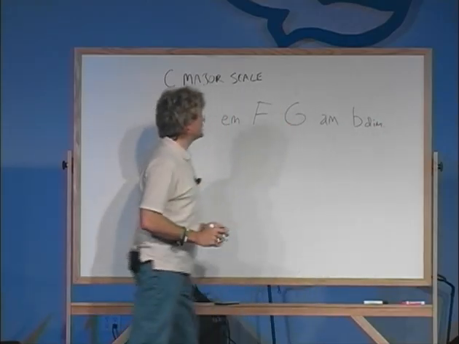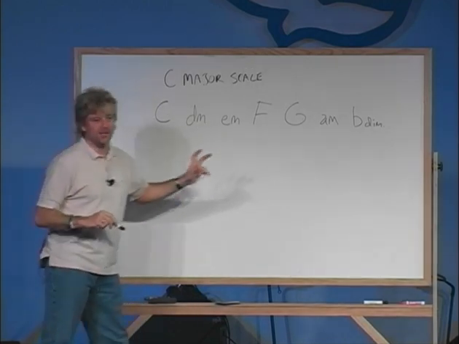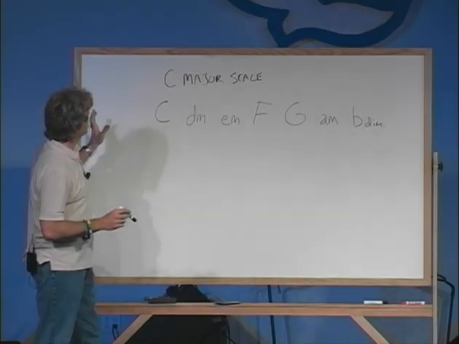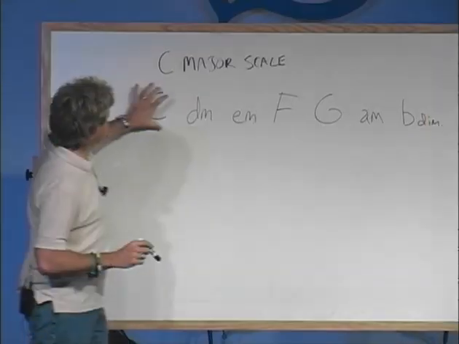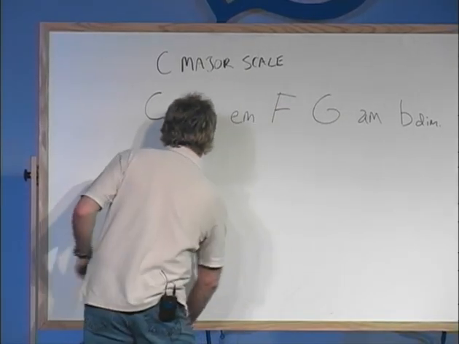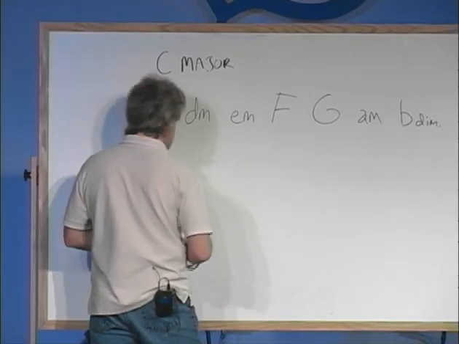Incidentally, that was a mistake, but you want to figure out the rules, and then you'll figure out how to break them later. But here are the chords in the key of C major.